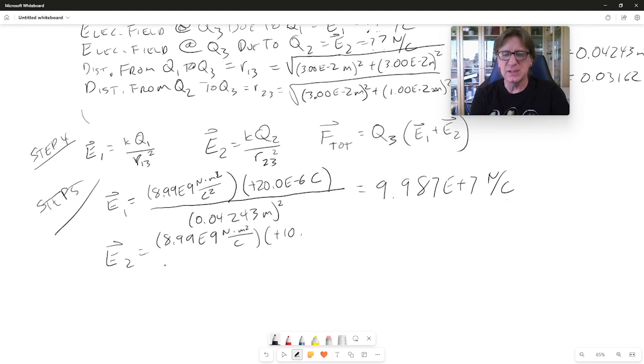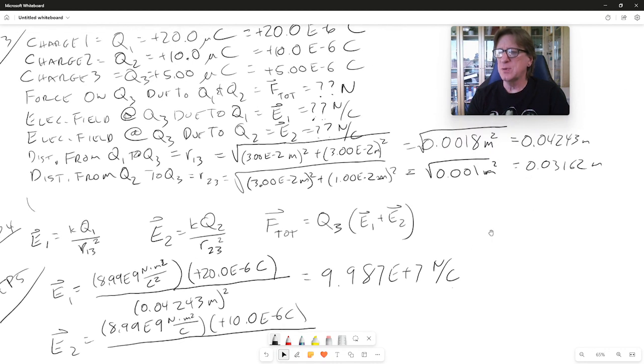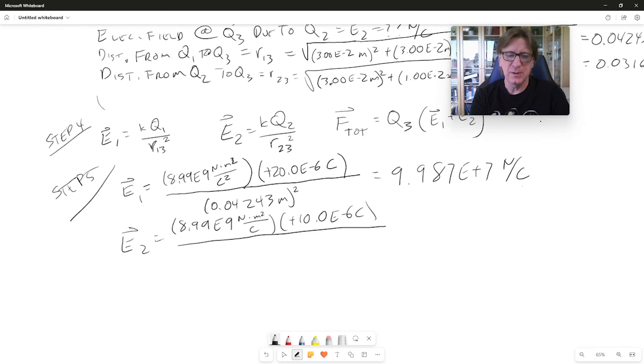This one is positive 10.0 e to the minus 6 coulombs divided by, and here's our number up here, 0.03162 meters squared.